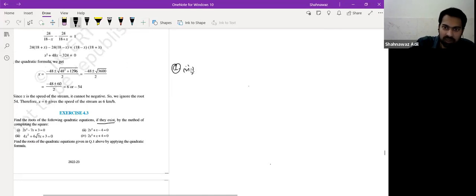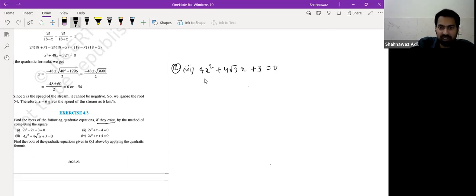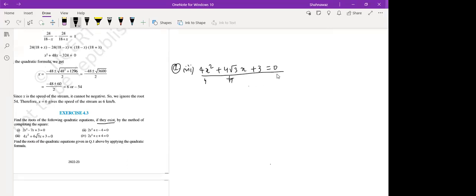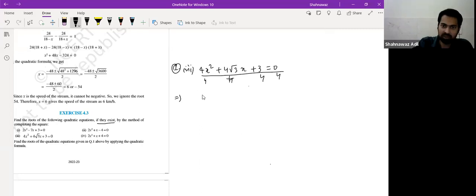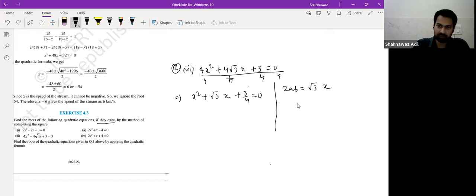So the third question again, this is 4x square plus 4 root 3x plus 3, right? So again, what should we do? Divide by 4, right? So this becomes x square plus root 3x plus 3 by 4. Now our 2ab is root 3x, so a is x and b is root 3 by 2.